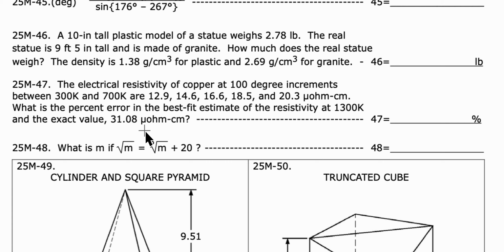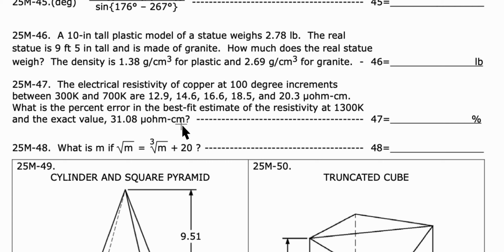Then 14.6, enter 400, sigma plus; 16.6, enter 500, sigma plus; 18.5, enter 600, sigma plus; 20.3, enter 700, sigma plus. That's because the temperature is going up in 100 degree increments. The last thing is, we want to predict the value at 1300 Kelvin, so 1300. We push the linear regression function on the calculator, and then have it predict the Y value. That's going to be the estimate value.